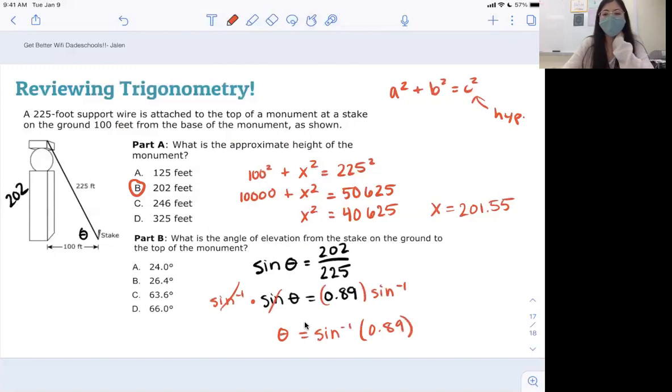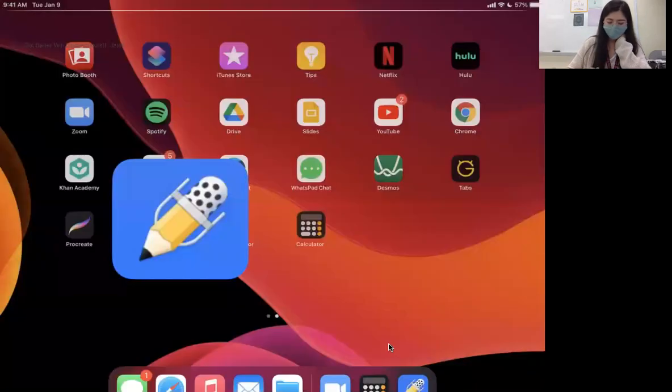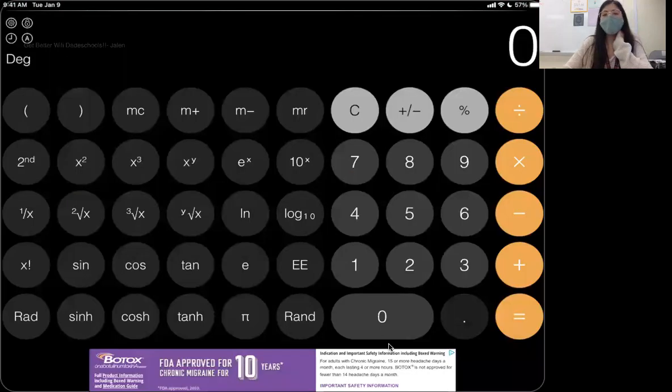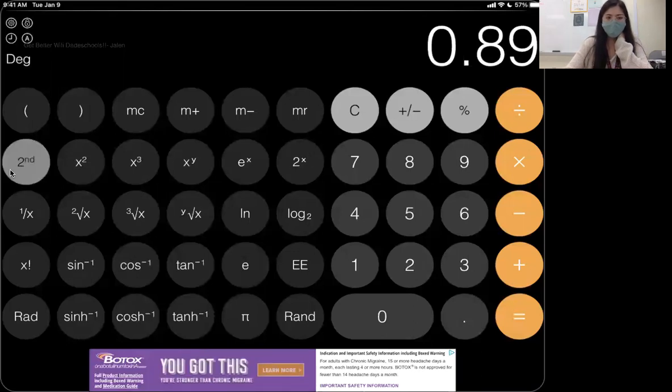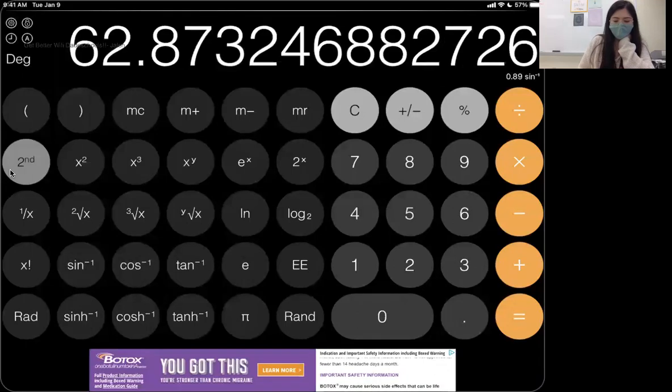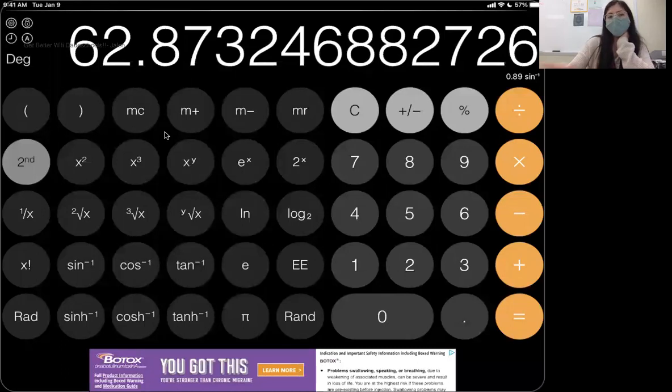Well, that's where we go to our calculator. And we're going to find the inverse sine of 0.89. Don't forget that you have to press the second button. If you don't press the second button, you won't see your inverses. Okay, round to the nearest whole number.